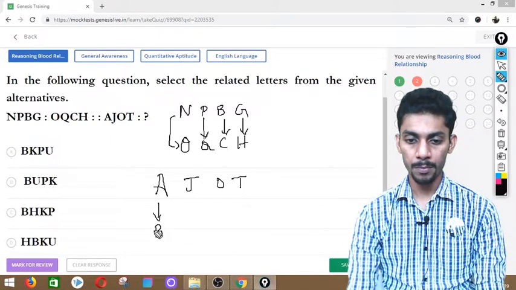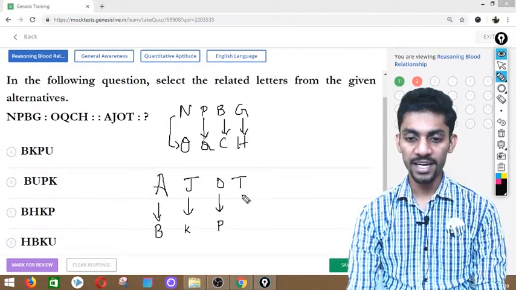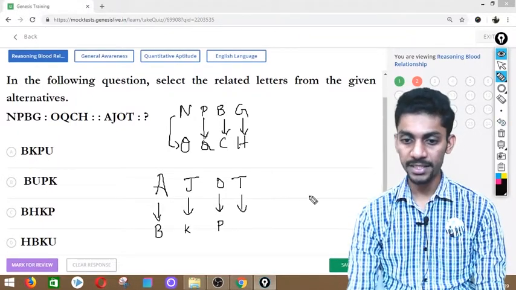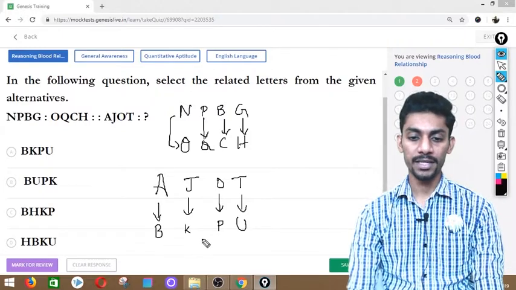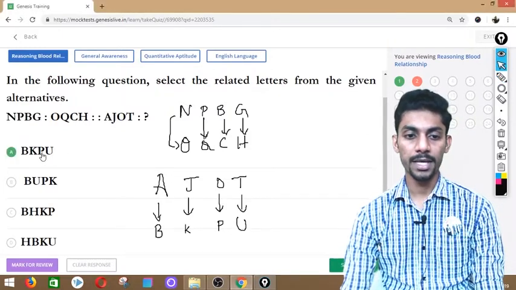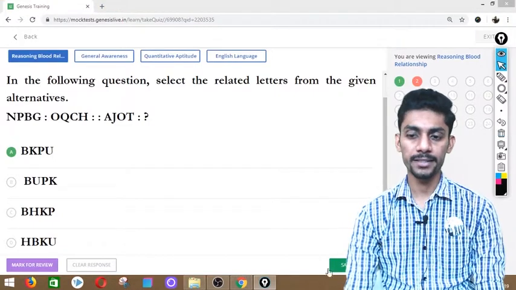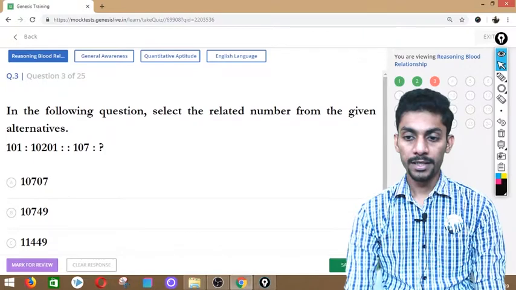It is B. After J, it is K. After O, it is P. And after T, it is U. So B, K, P, U is option A. Clear? Yes. Save it and go for next one. Next one.